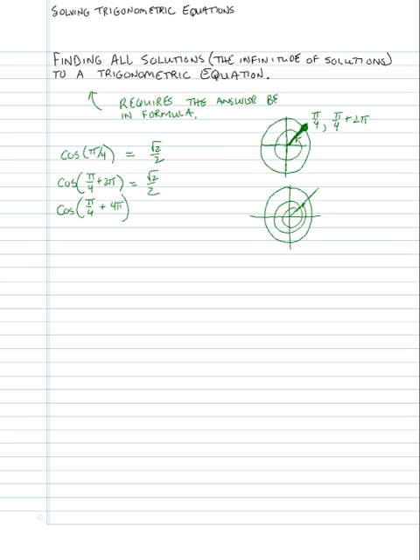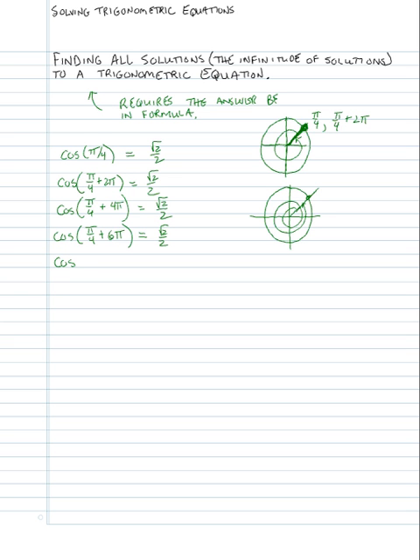That gets us to 4 pi, which puts us in the same position. So the cosine of pi over 4 plus 4 pi is also the square root of 2 over 2. And you can imagine this is going to continue, isn't it? The cosine of pi over 4 plus 6 pi, we're just making one more revolution, and that's going to also be the square root of 2 over 2.